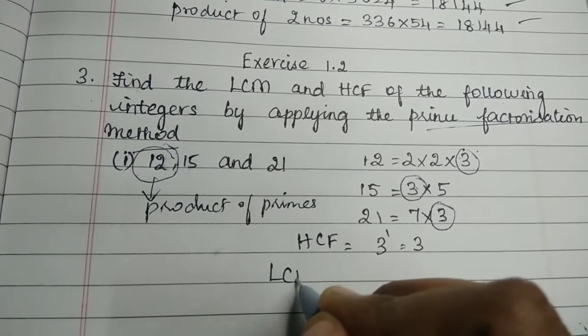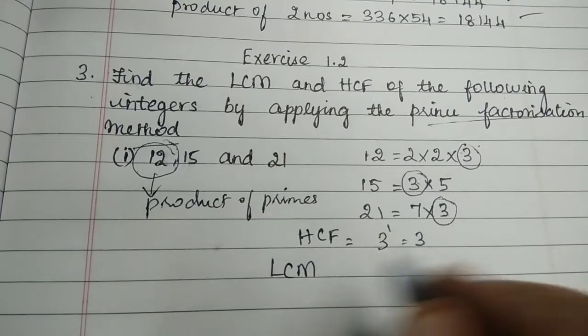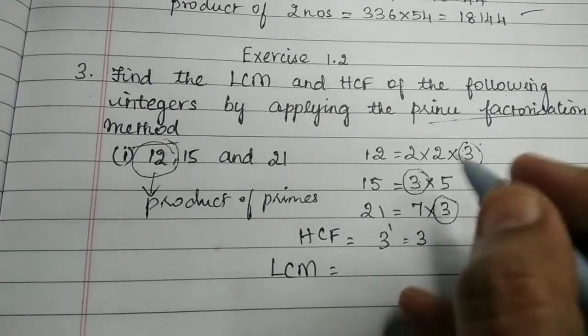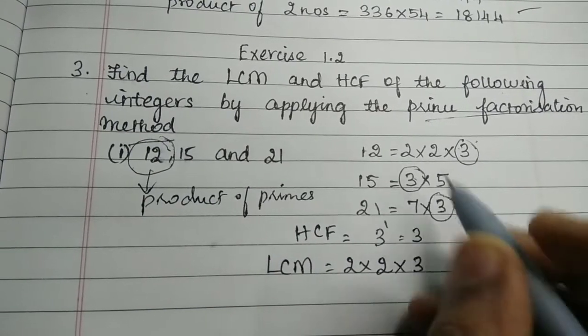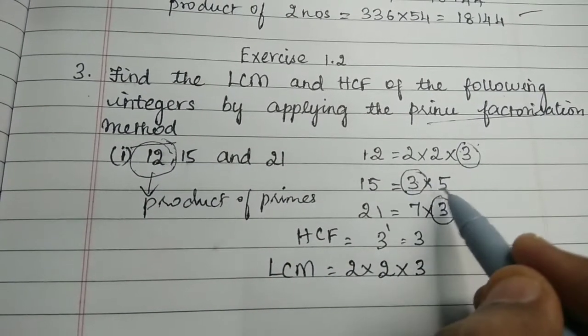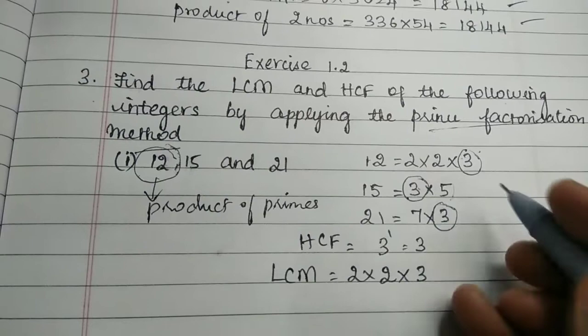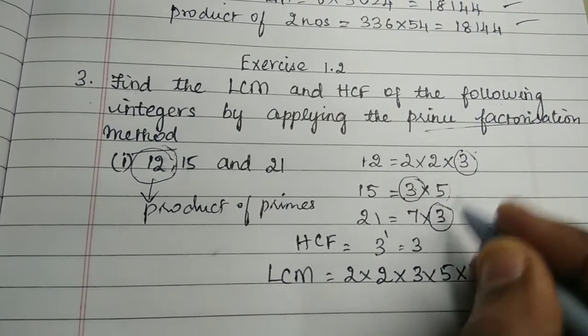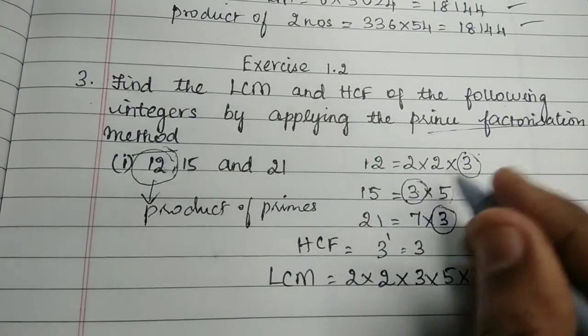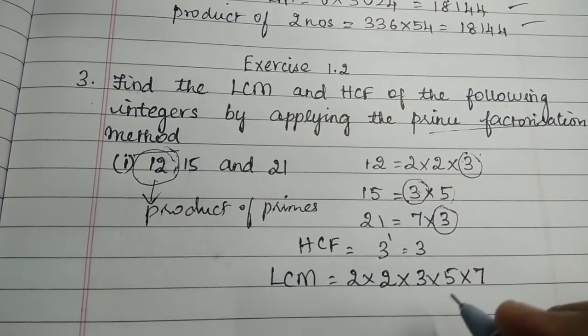So what is LCM? You have to write each prime factor. Okay, so we can write 2 into 2 into 3. Here 3 is repeated, so you can leave off this pair and you have to write 5 into 7. You need not write 3. So instead of this full set, you can write only one prime.